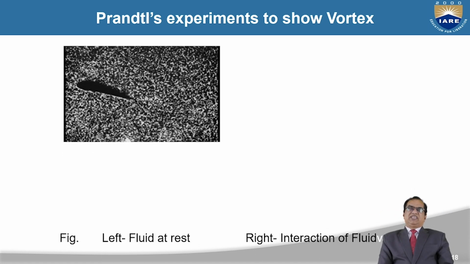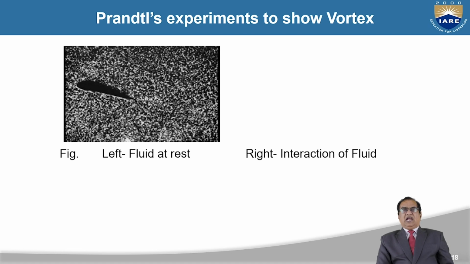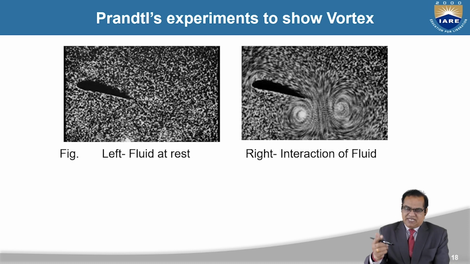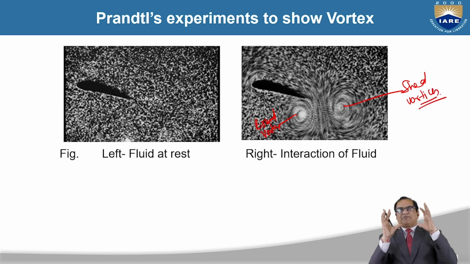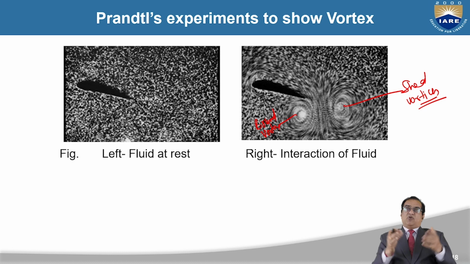Here you can see the bound vortex, and this is the starting vortex. He found by smoke flow generation that there will be starting vortices. So Kutta's theory was proved by Prandtl's experiment some time after the development of that theory.